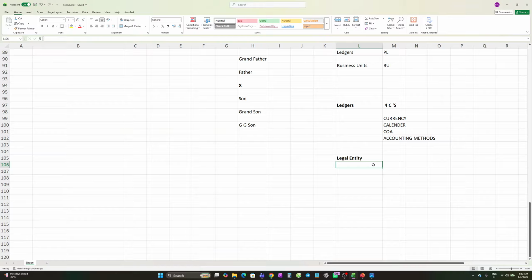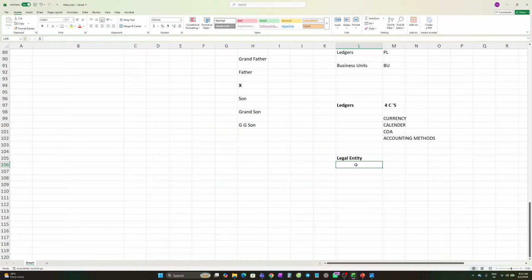In the world, we have around 195 countries. For these 195 countries, the acts and regulatory laws are completely different as per country-specific laws. So the legal entity here is a company registered under a particular law.